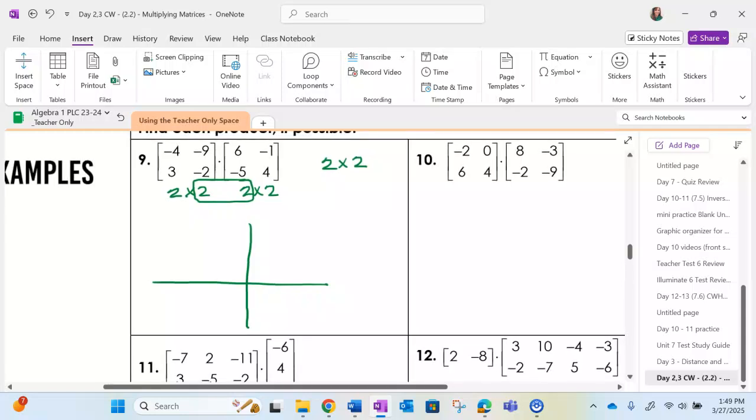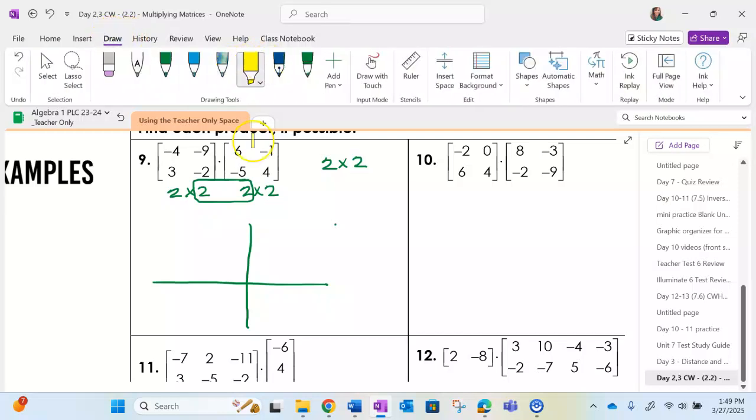All right, so in order to multiply, I'm going to use a highlighter. You do not have to use a highlighter. You can circle until you get familiar, or use pencil and just erase. We're going to start with row 1 and column 1.